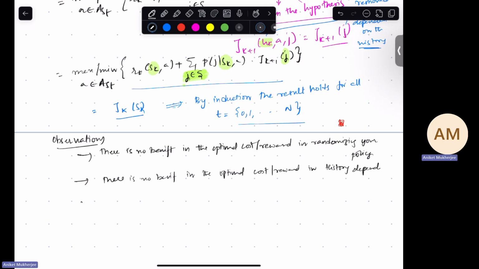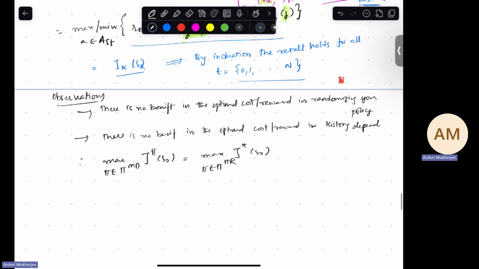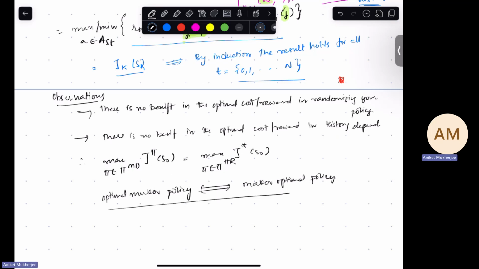So therefore, max over pi belongs to Pi Markov of J pi of s_0 equals max over pi belongs to history dependent randomized of J star of s_0. The optimal Markov policy is the same as your history-dependent optimal policy. This is what your claim is. Okay.